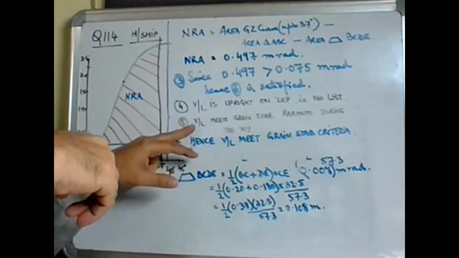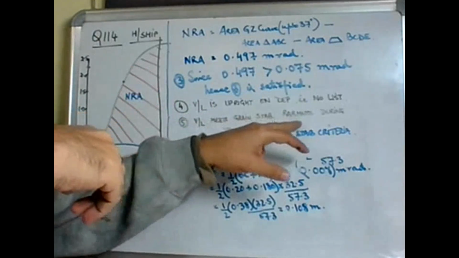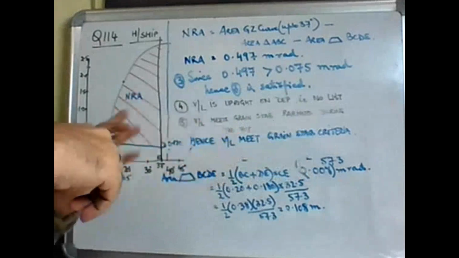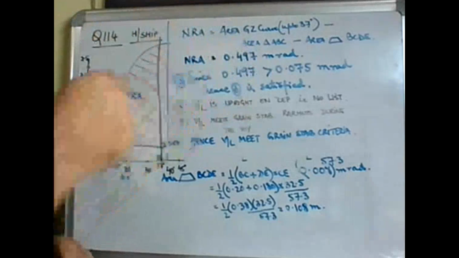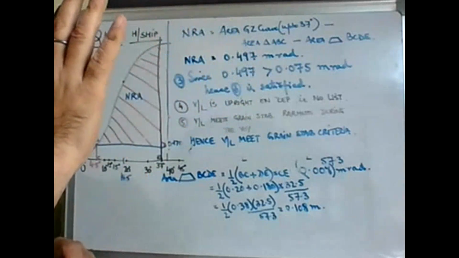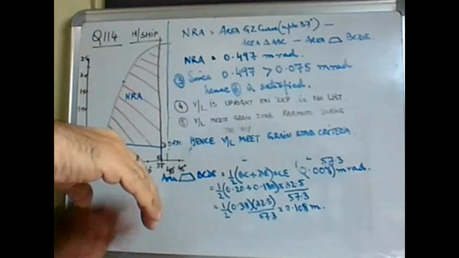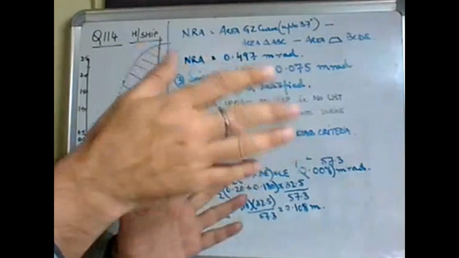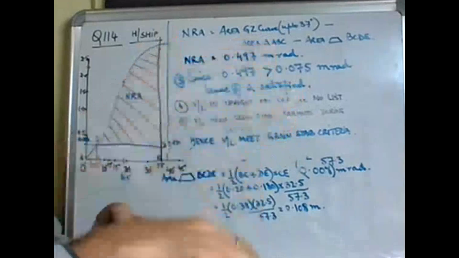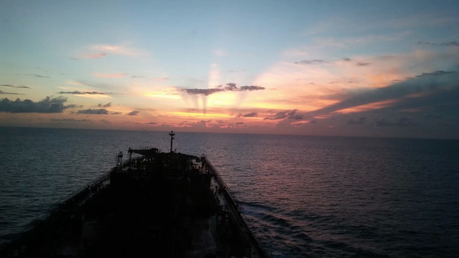And the 5th one is the vessel will meet the grain stability requirements during the voyage. That means all the 4 above, throughout in the worst case condition also she will be meeting. So if these 5 things are met, it means the vessel meets the grain stability criteria, and therefore now she can go ahead and load grain.